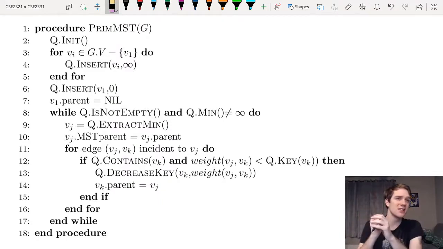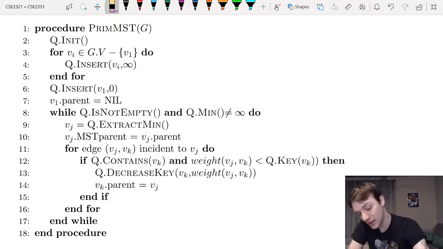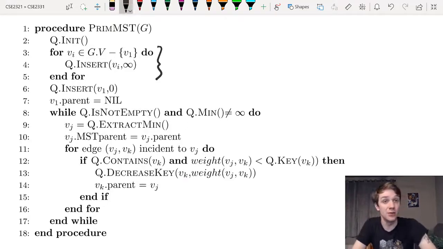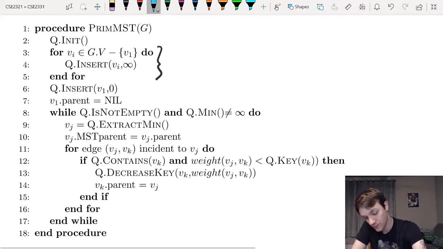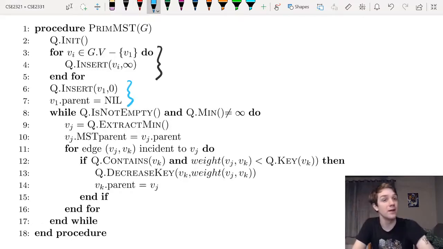A bit of details there, it doesn't matter too much, so we're going to mostly ignore it. So we're going to insert into the queue every single vertex and its associated cost. So we insert every single vertex into the queue, and then we're going to insert the one we didn't, v1, at the end.